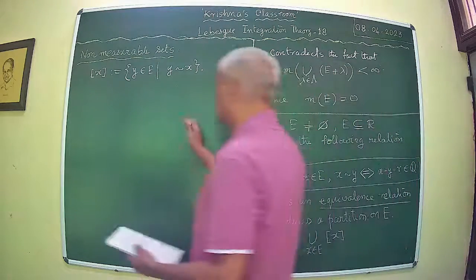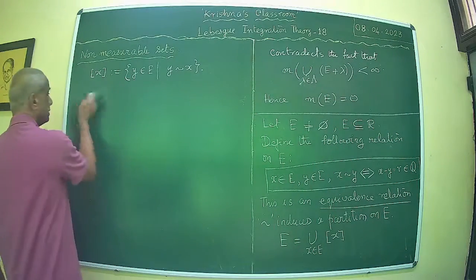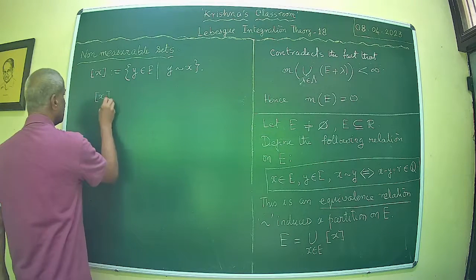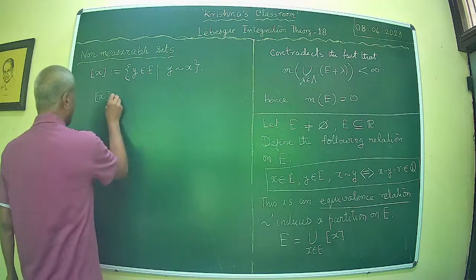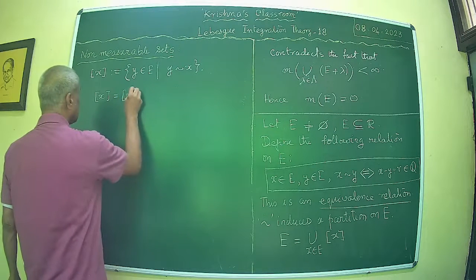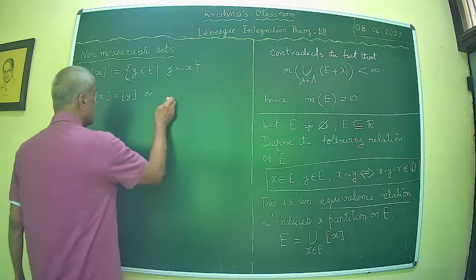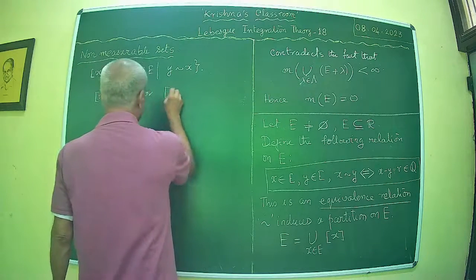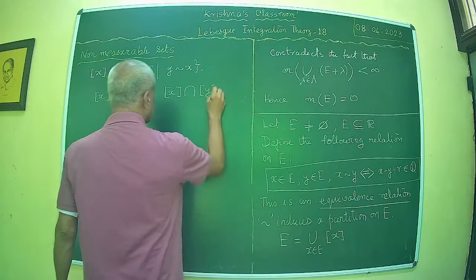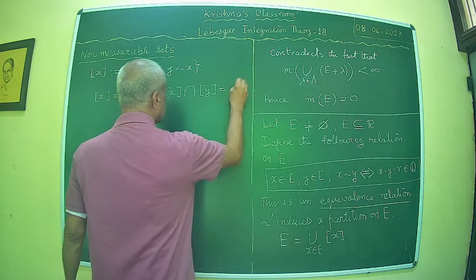Then this is possible because what happens, you see that the class of x is either equal to the class of y, or their intersection is empty.